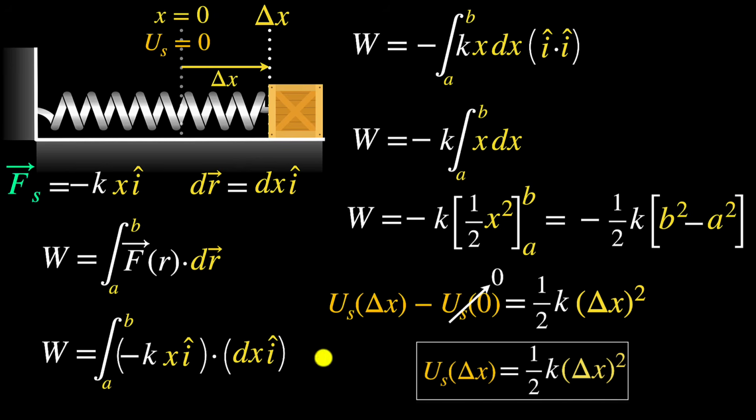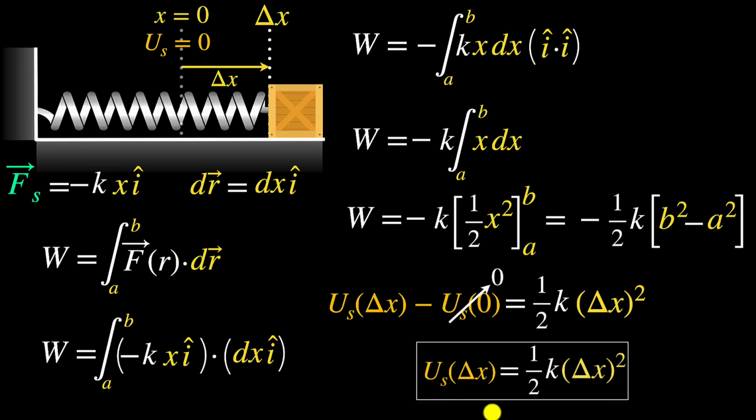So we have finally found the expression for the potential energy of the system when the block is stretched or compressed by some amount delta x from its equilibrium position. It's half k delta x squared, provided our convention is that we choose the potential energy at the relaxed state in the equilibrium position to be 0. That's our choice. Remember that.